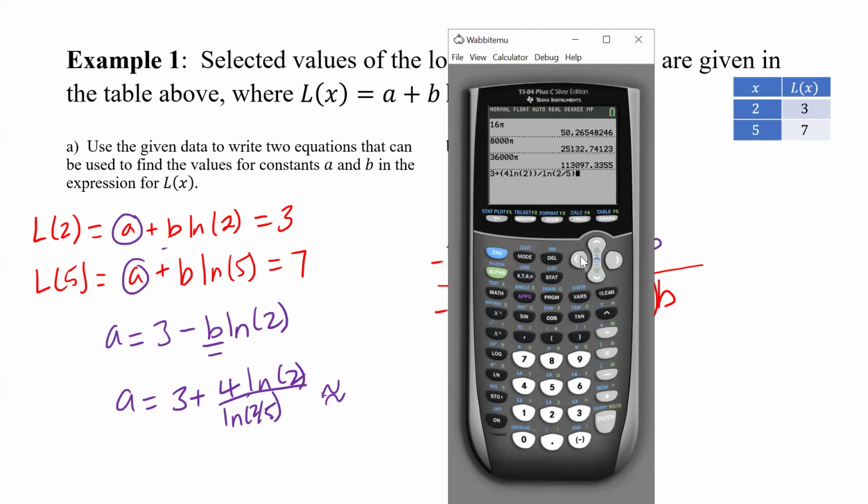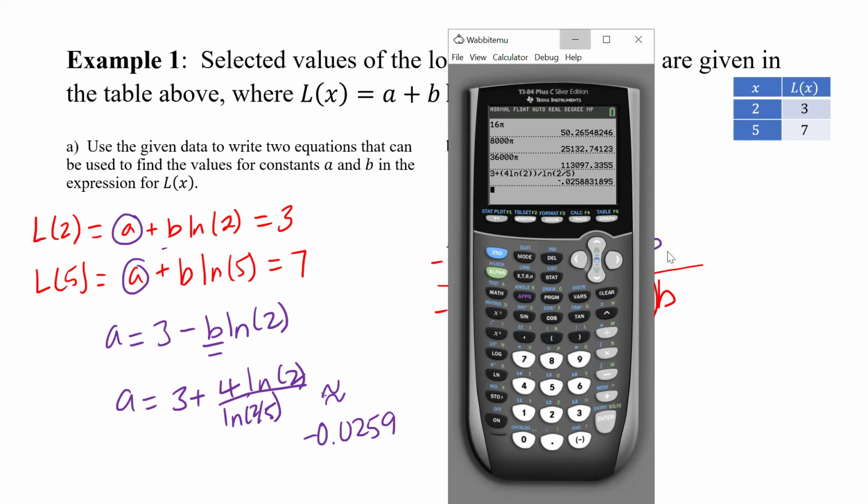Does that make sense? And hit enter. And I got negative point. Let's round to the nearest 4 decimal places. So negative 0.0259. And then we're going to find our B.